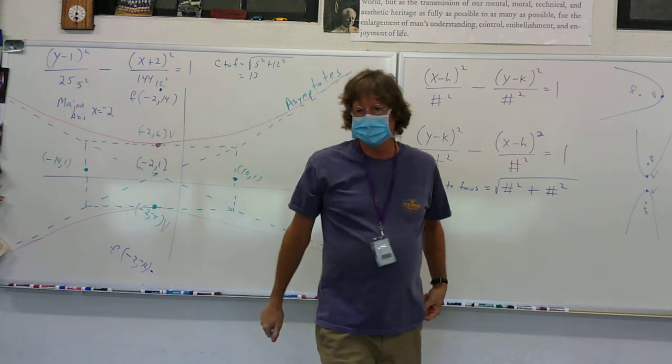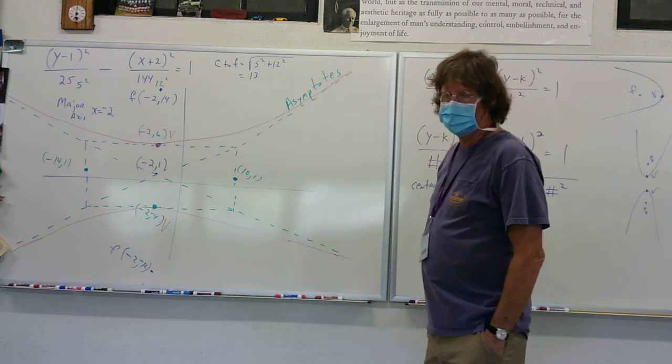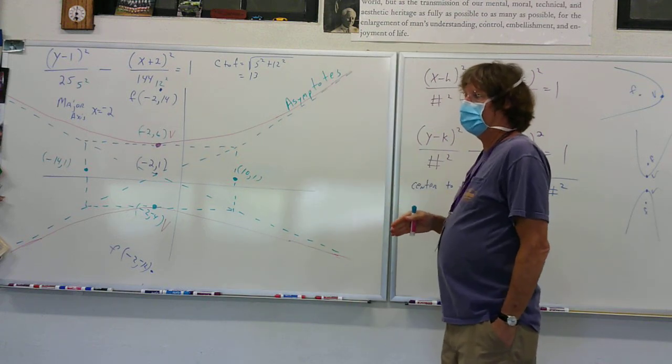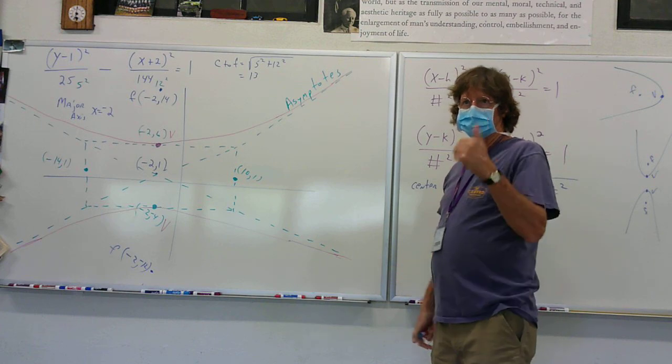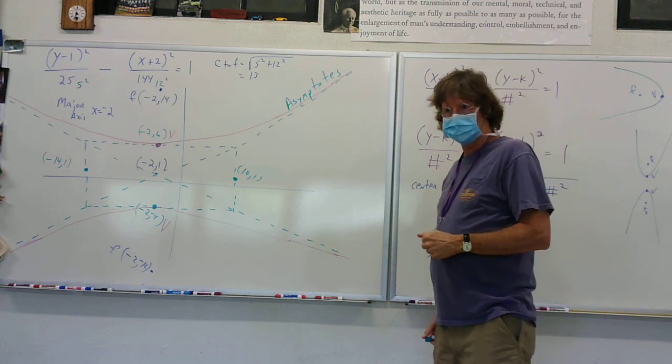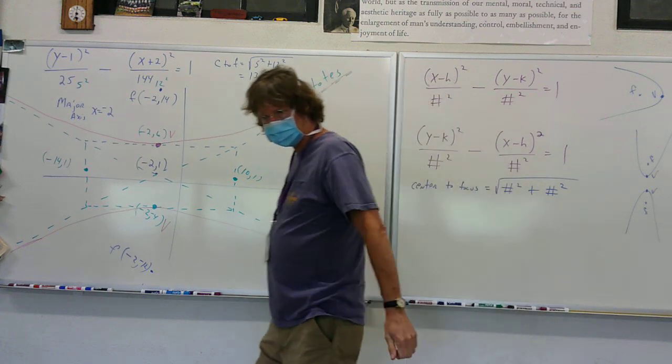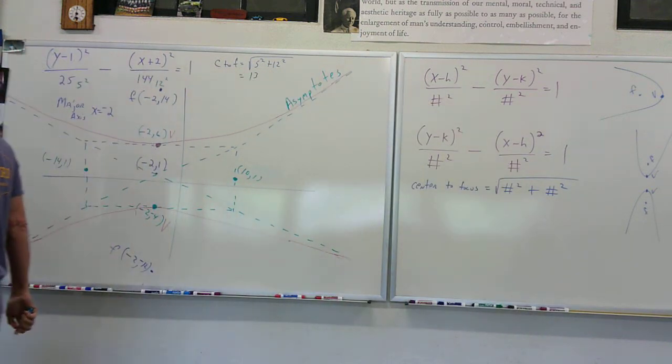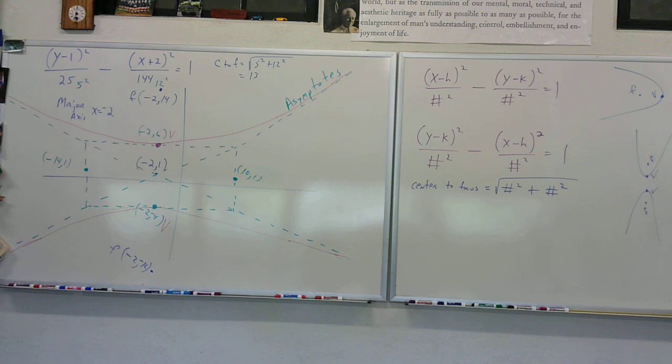So that makes it a little bit different. But for both an ellipse or hyperbola, the major axis is the one that has the center, the foci, and the vertices on it. I'm saying all this twice. I shouldn't do that.